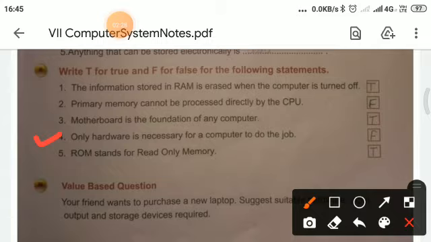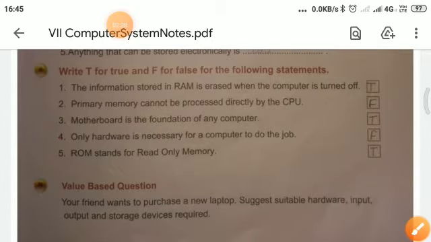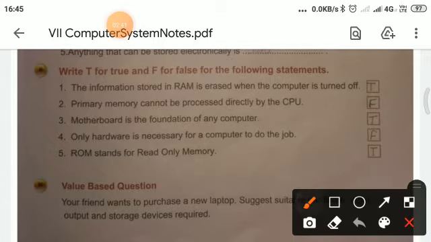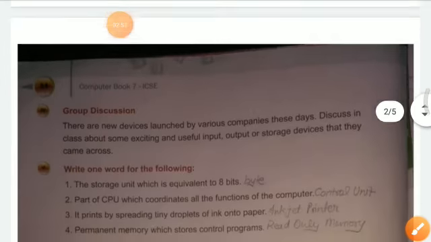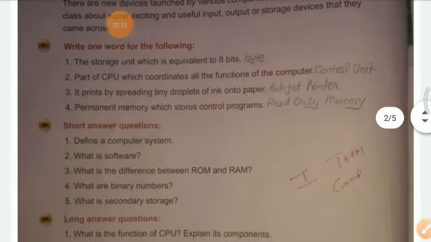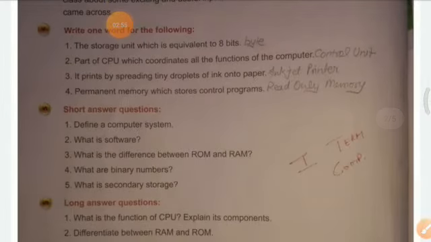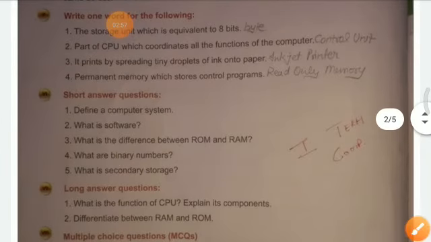So students, you have to mark F for this statement. And next is ROM stands for read only memory. Yes, students, this is a correct statement, so you have to mark T for this statement. And next question, next section that you will have to do.